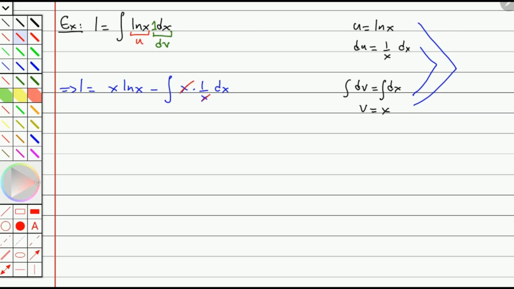Here we have a very pretty simplification, the x cancels, which leaves x ln of x minus the integral of dx. And this is the simplest integral that we can have, which is going to give us a simple x. And so I is equal to x ln of x minus x plus c.